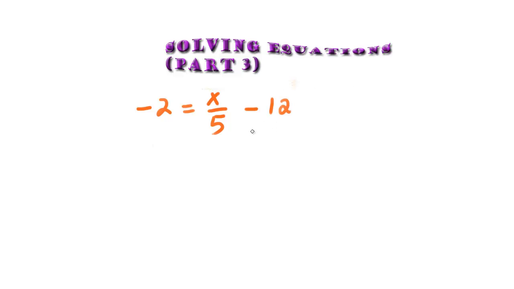So I'm going to do that by adding 12 to both sides. Okay, so on the right hand side, we just have the x over 5, right? Because that -12 and the +12, they cancel, they go to 0.